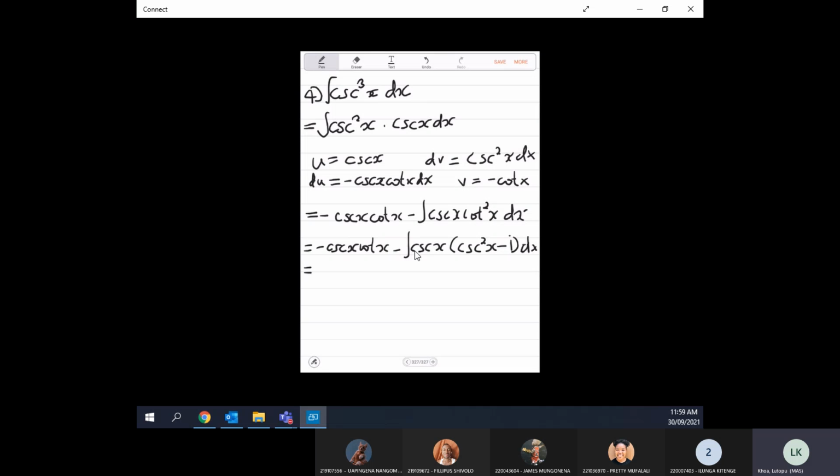which is minus cosec x cot x minus the integral of cosec cubed x dx minus the integral of cosec x dx. Now you can see I have cosec cubed.